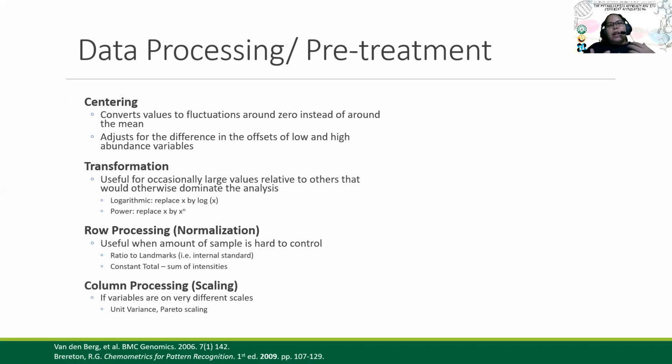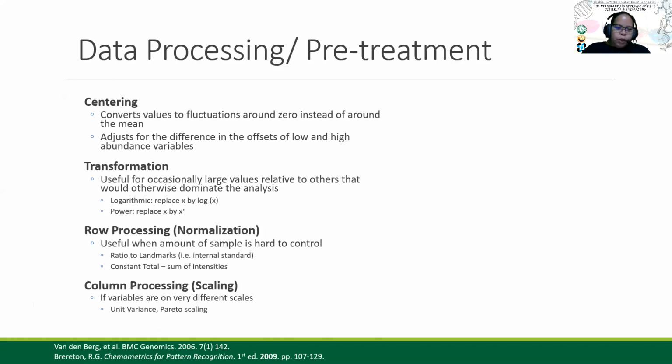And so if you look at chemometric analysis, some of them generate their models based on variations or based on variance. And you can just imagine that if we don't do column processing or scaling, those high intensity variables can actually dominate the model. So you need to put all of your variables, whether they're high intensity or low intensity, on the same scale. And so, kaya yun, tinawag siyang scaling.